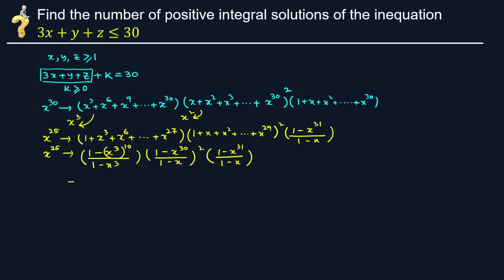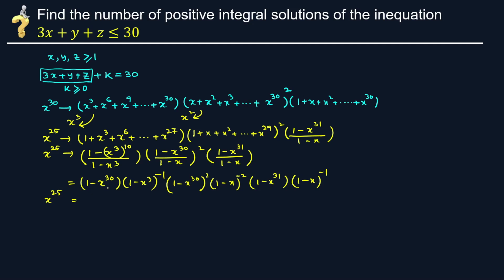So we are actually having what? 1 minus x to the power 30 into 1 minus x cube, 1 minus x to the power 30 whole square, 1 minus x whole square, 1 minus x to the power 31 into 1 minus x to the power minus 1. Am I correct? So now I want to find out x to the power 25, so I don't need this one. X to the power 30 I don't need.